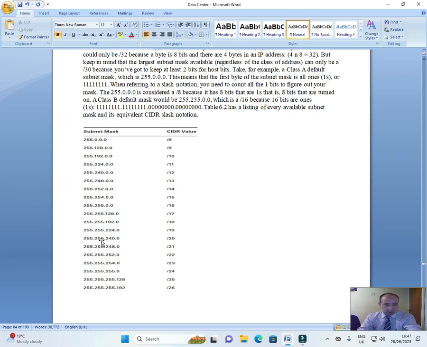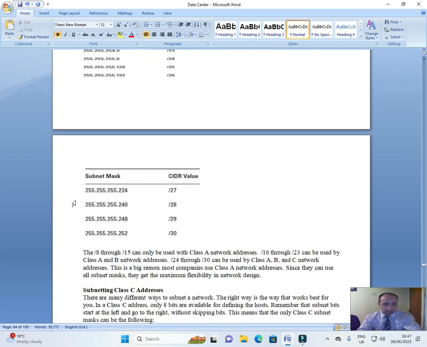255.255.224.0 /19, 255.255.240.0 /20, 255.255.248.0 /21, 255.255.252.0 /22, 255.255.254.0 /23, 255.255.255.0 /24, 255.255.255.128 /25, 255.255.255.192 /26, 255.255.255.224 /27, 255.255.255.240 /28, 255.255.255.248 /29, 255.255.255.252 /30.